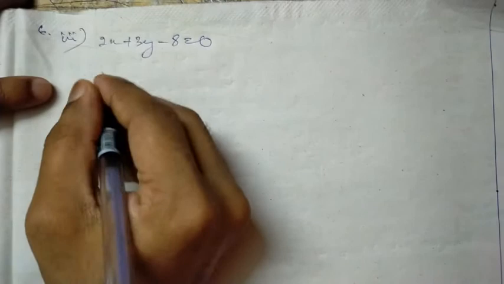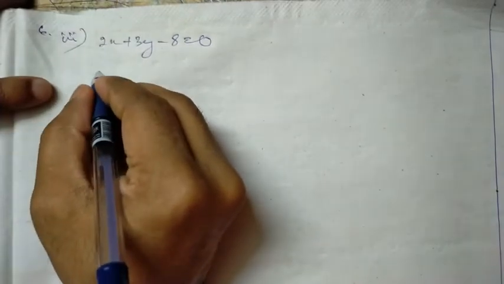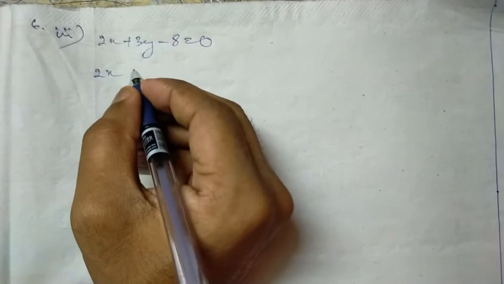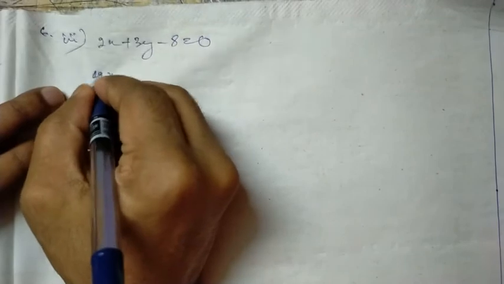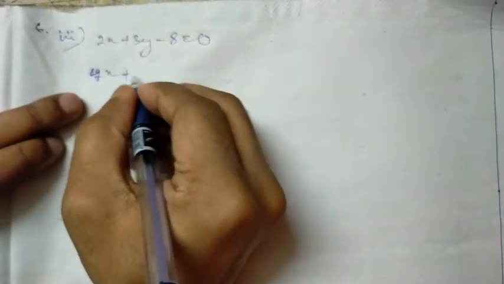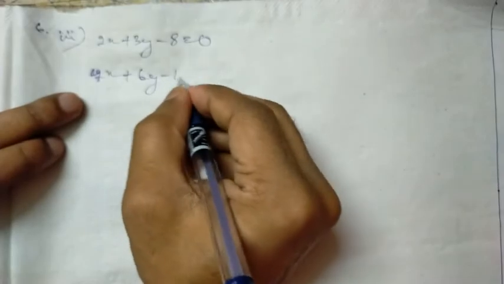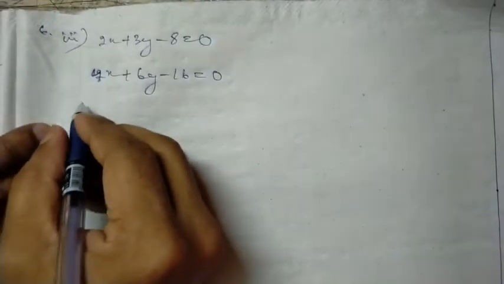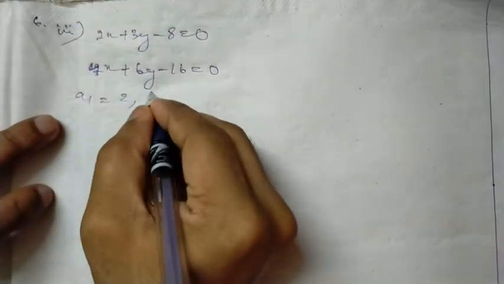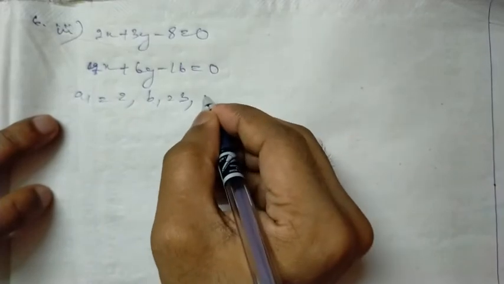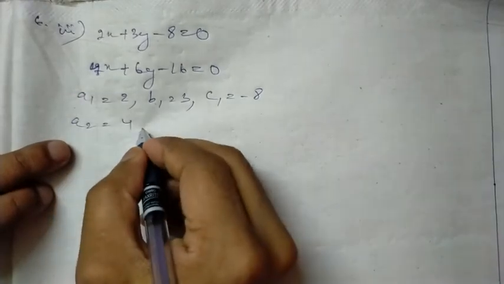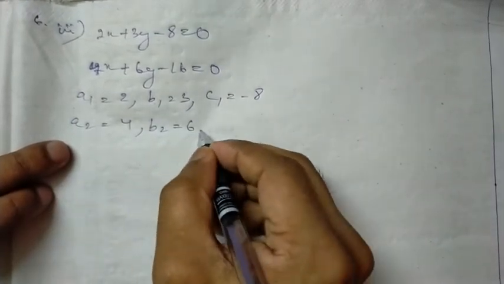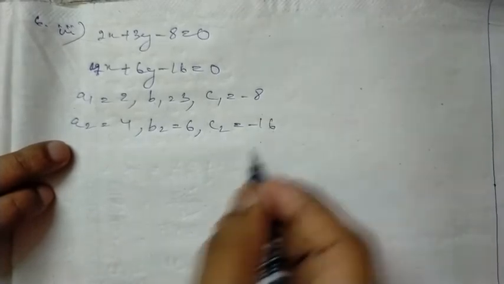So I can take 4x, again 6y, and -16. Now a1 is 2, b1 is 3, and c1 is -8. a2 is 4, b2 is 6, and c2 is -16.